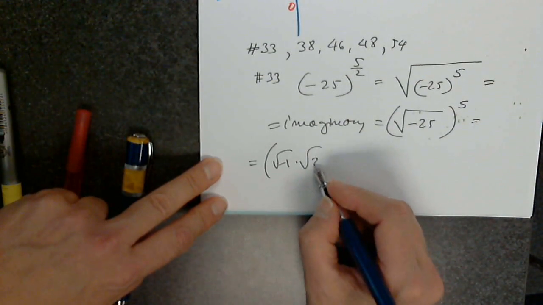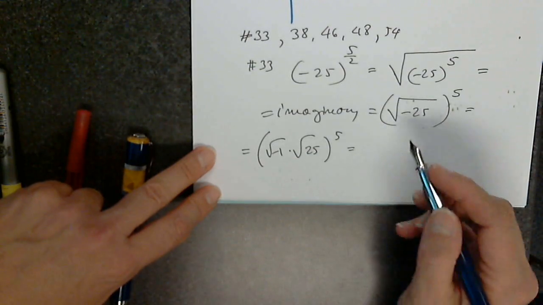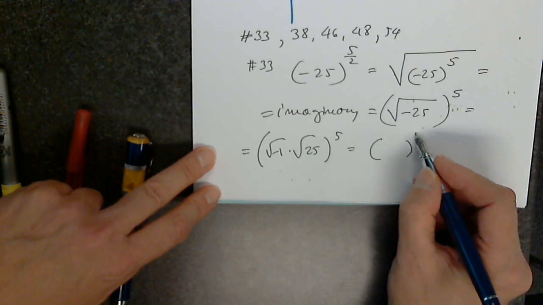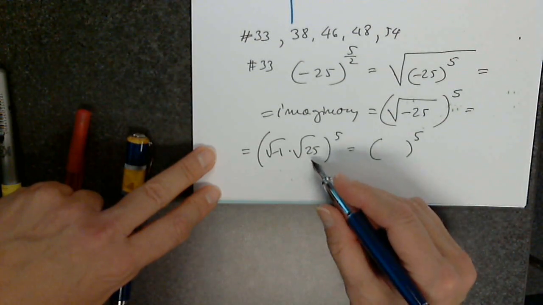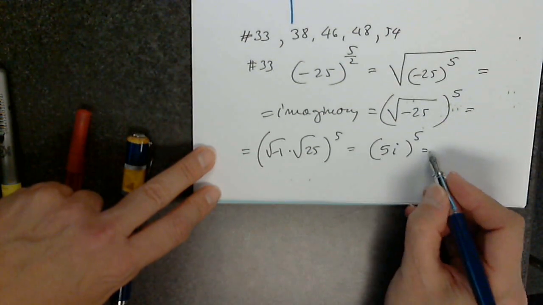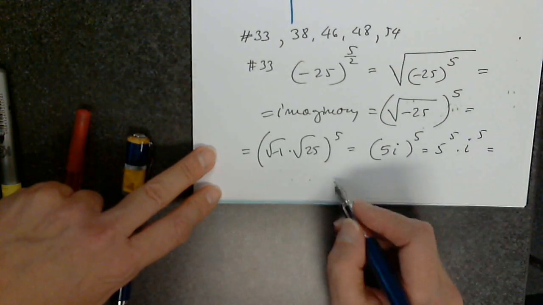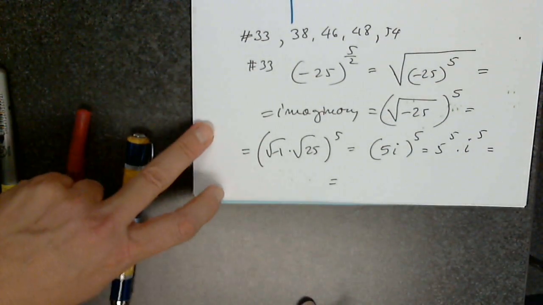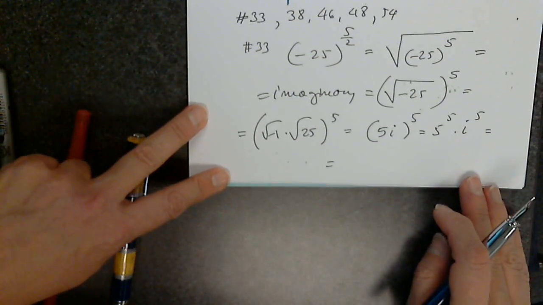Excellent. Perfect. So what do I have inside parentheses then? Careful. Good. So then I have 5 to the 5th power and i to the 5th. I don't recommend you memorize that, but if you do, that's fine too.